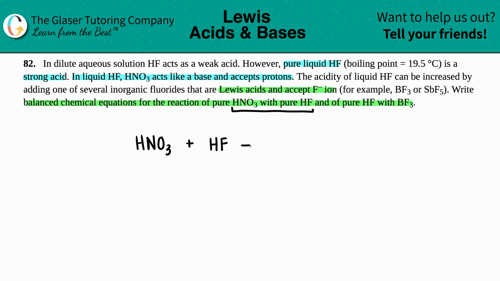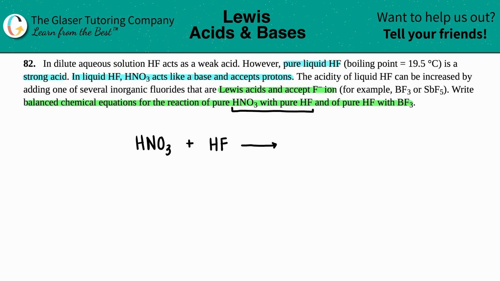Now, they did say that we're using pure HF. And they said that pure liquid HF is a strong acid. So that means that HF is going to act as the acid because we are in the pure form.